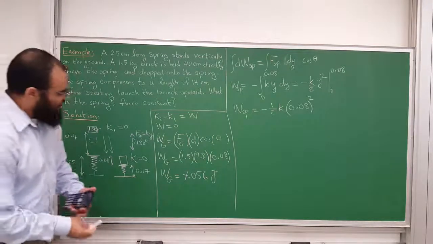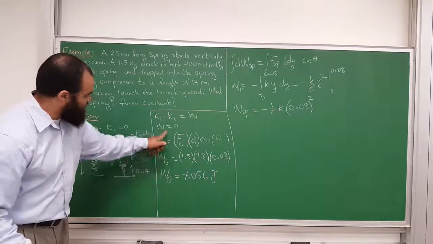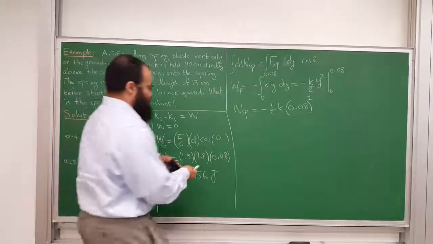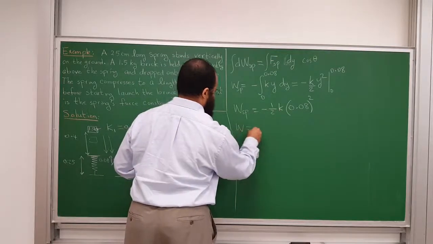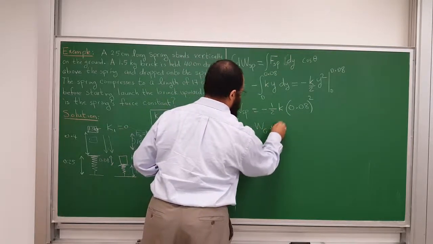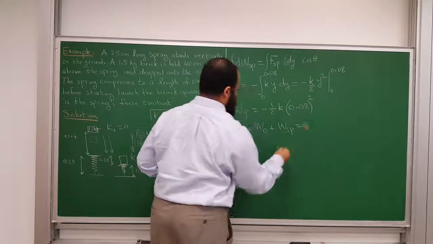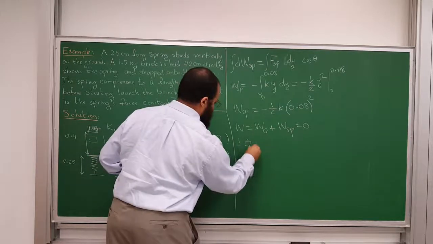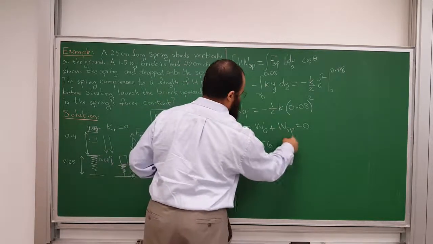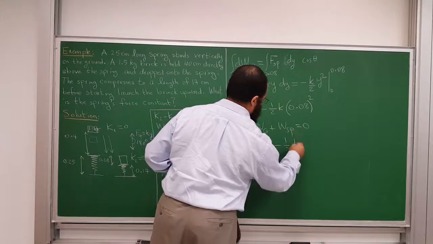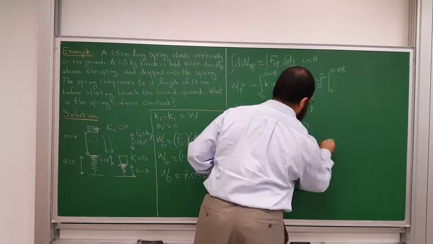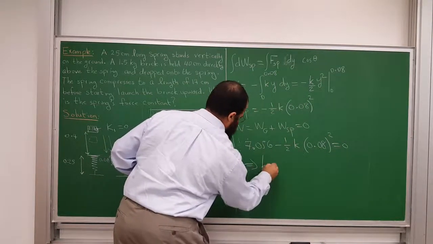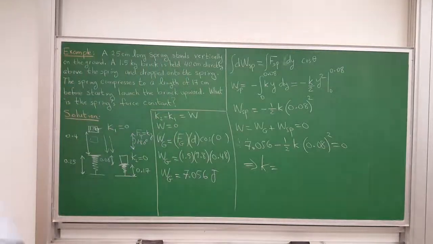But now, the total work is equal to 0. So the work done by gravity plus the work done by the spring is equal to 0. So I get the work done by gravity is 7.056, the work done by the spring is negative 1/2 K times 0.08 squared, equal to 0, and you solve for K. Let me get my calculator again.